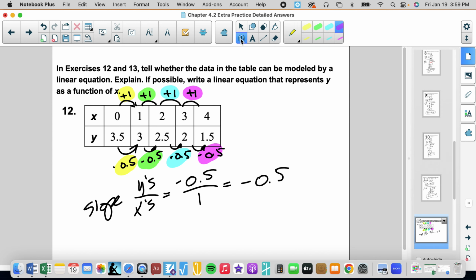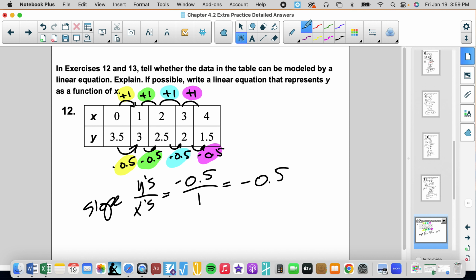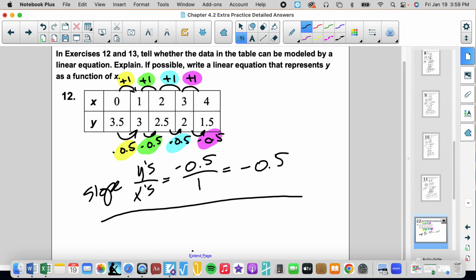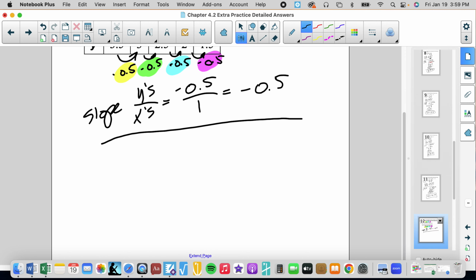So we have our slope, and if we want to write it in slope-intercept form, we're going to pick a point or a solution. Let's pick (1, 3).